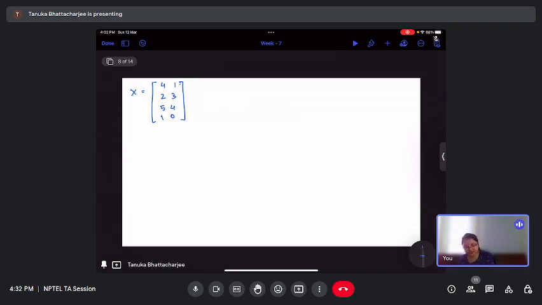The mean, if I write it as x bar, is 3 2. This is the mean. Now you have to compute the mean subtracted vector, which is x minus x bar, which is x prime.